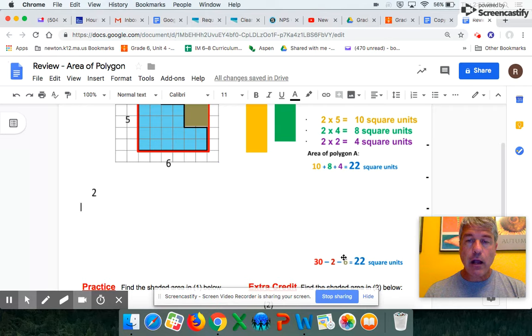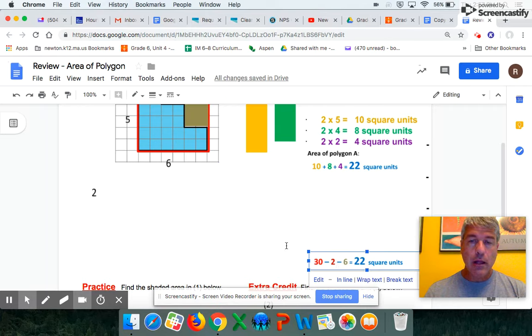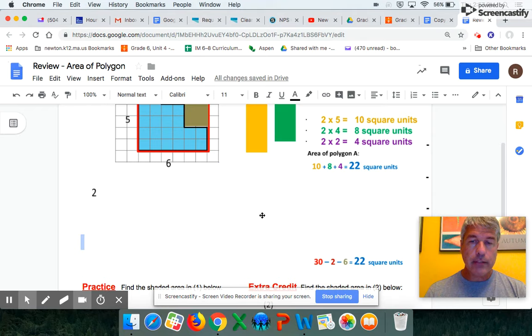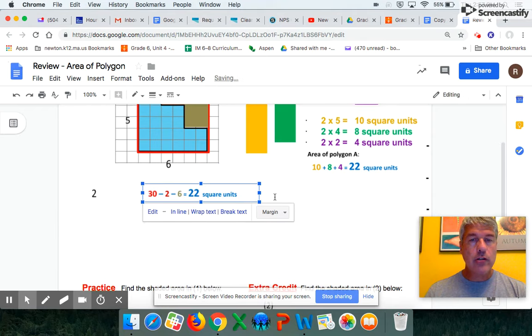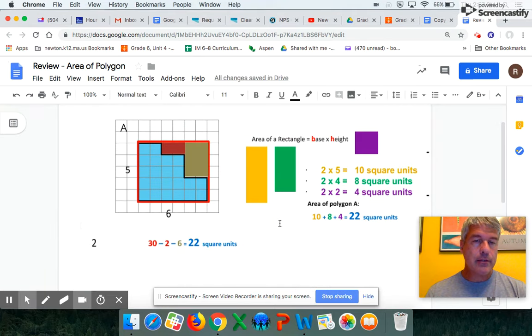So again, I've already prepared a sentence, or rather a formula, an equation that represents this phenomenon where you have a rectangle area of 30, subtracting another rectangle with an area of 2, subtracting another rectangle with an area of 6, and you get the same 22 square units that you found when you added the rectangles that covered the blue part or the blue polygon.